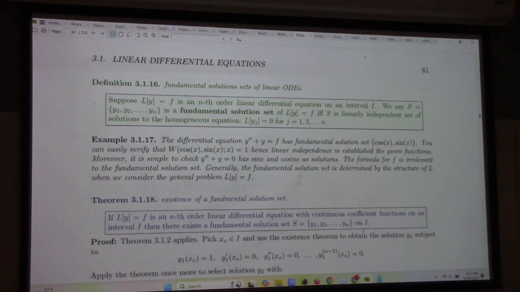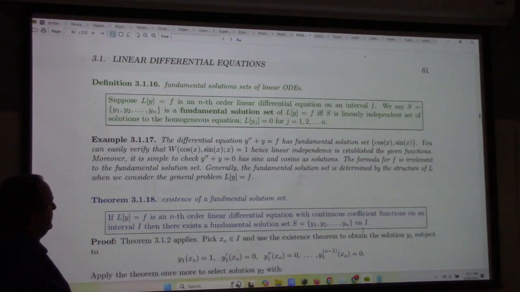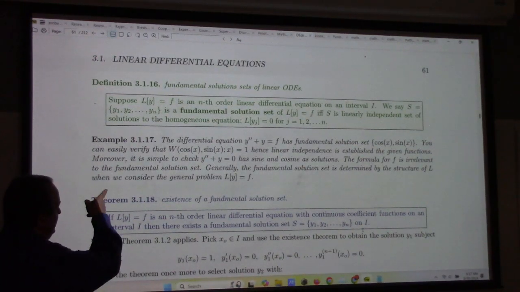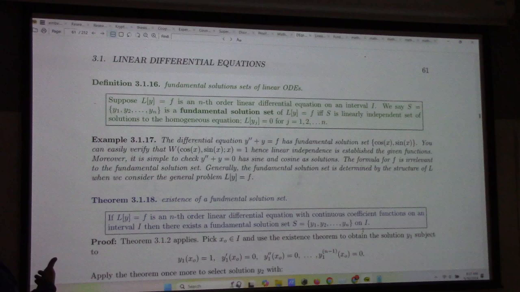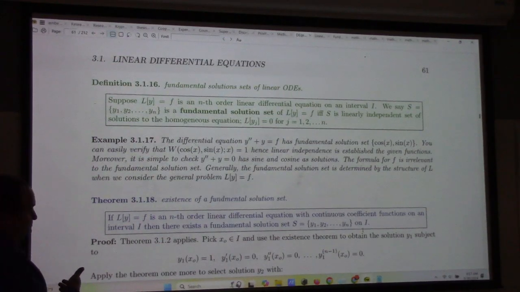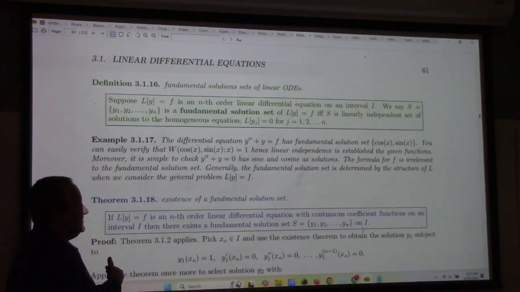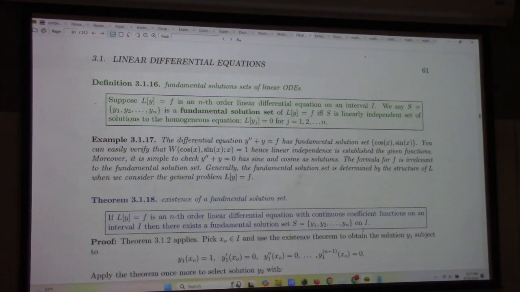And so if we have such a problem, L of y equals f, and we have a set of solutions, y1 through yn, and they're solutions not to the whole differential equation, but rather to the corresponding homogeneous equation. If those n solutions are linearly independent in the sense that we defined last time, in terms of you can calculate the Wronskian.